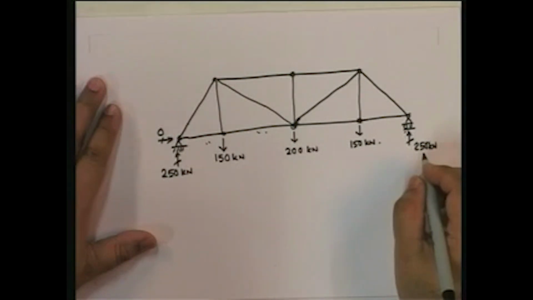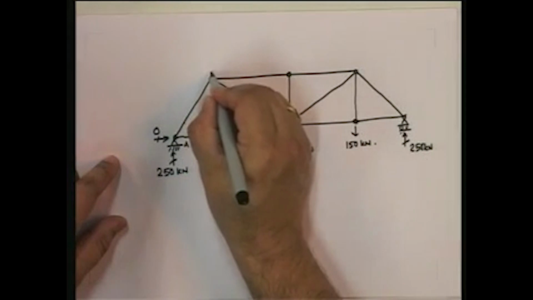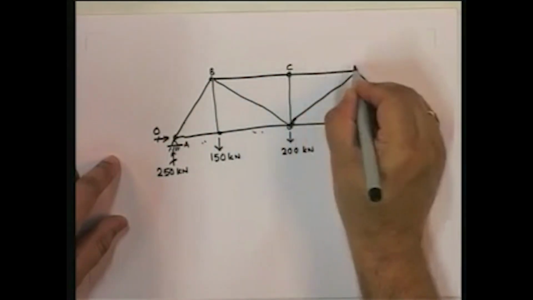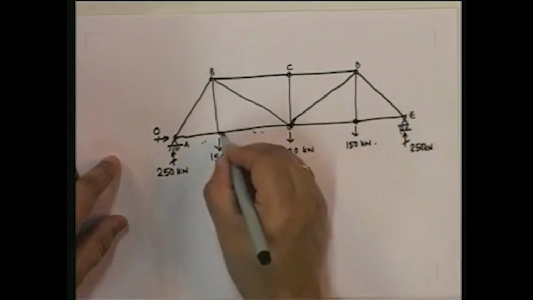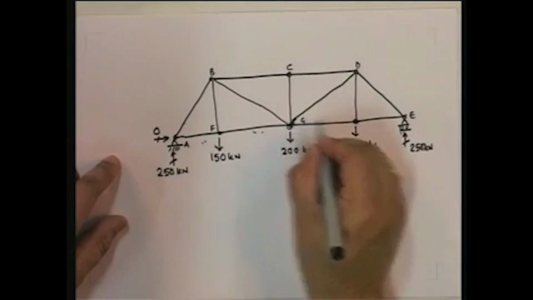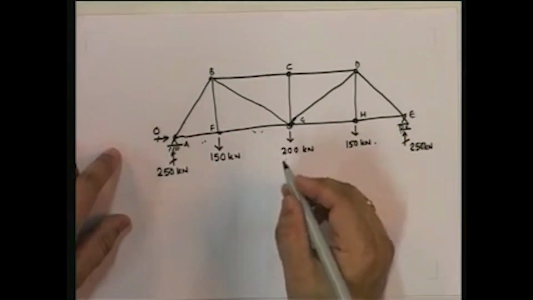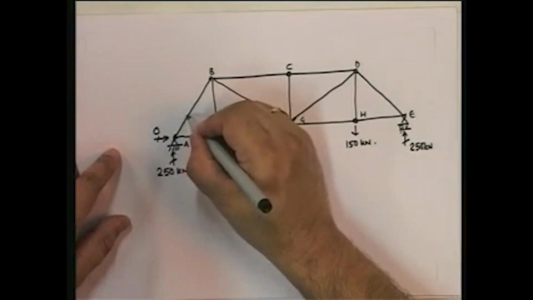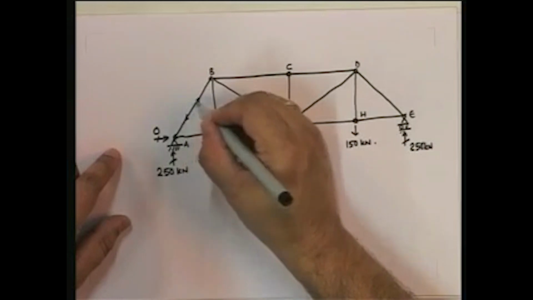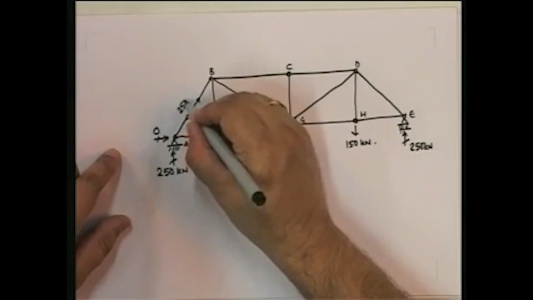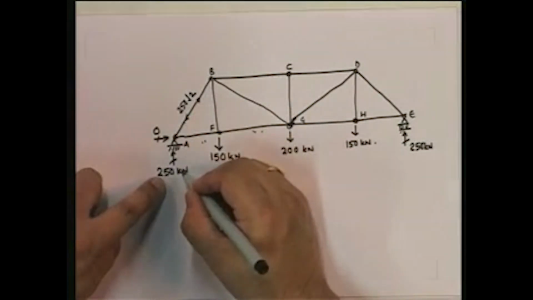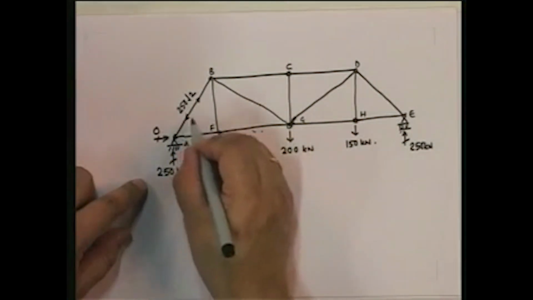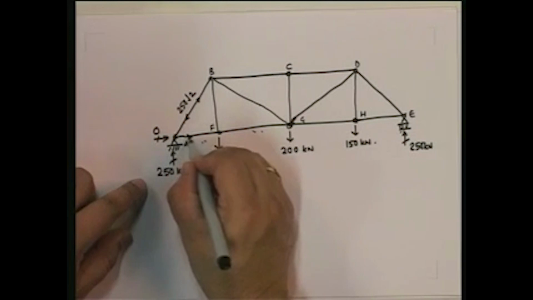And so once we've done that, we can actually start solving for the structural loading. If you look at it, I can start at this point. Let me just put down, this is A, B, C, D, E, F, G, H. Okay, so taking the method of joints at this point, the vertical component of it has to be equal to this, and therefore the horizontal component of this is equal to this.